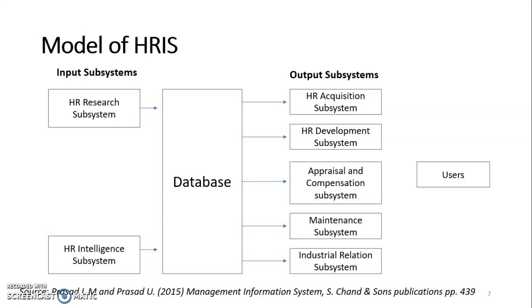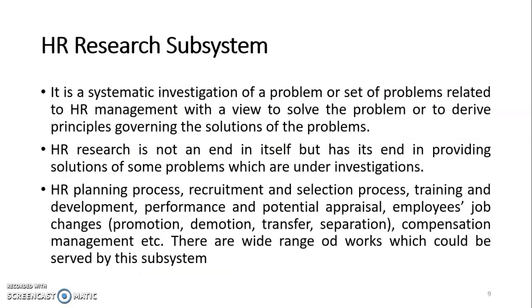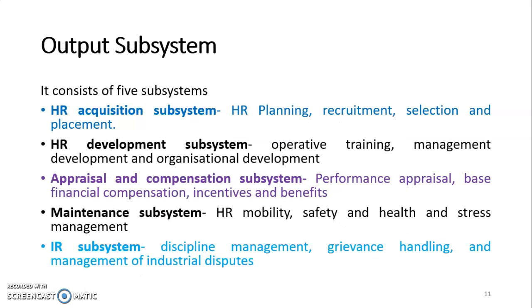We have already known that there are 5 functional subsystems of the output subsystem of HRIS. So we can see here it consists of 5 subsystems: HR Acquisition Subsystem related to HR planning, recruitment, selection and placement, HR Development Subsystem deals with operative training, management development and organizational development.